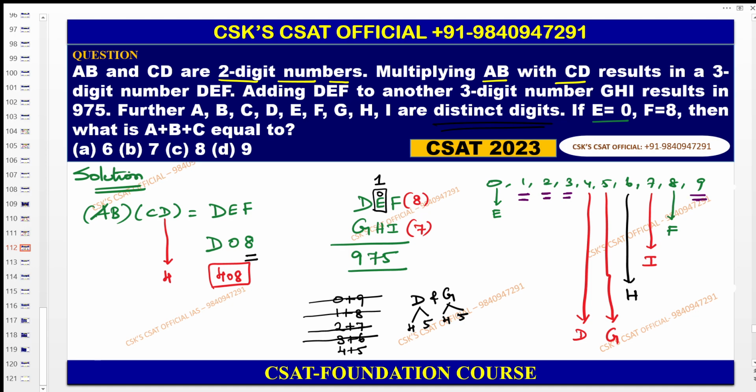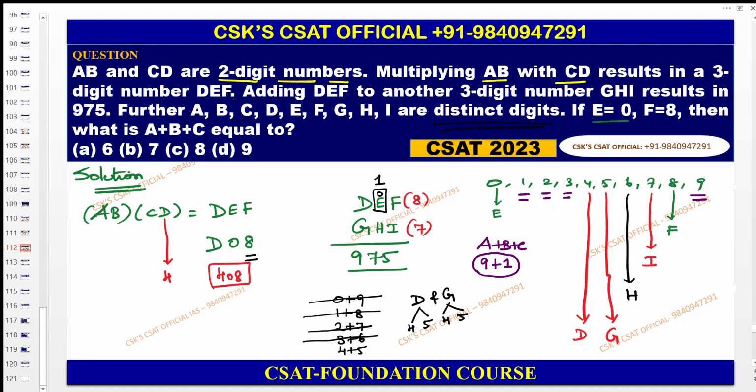Now we need to find out A plus B plus C, right? If you are taking 9 here, listen very carefully. If you are taking 9 here, B can be anything, right? Even if you take 1 here, what will happen? It becomes a 2 digit. But check with the options.